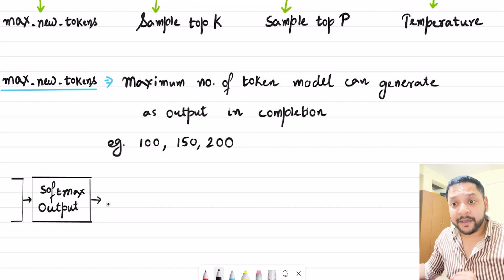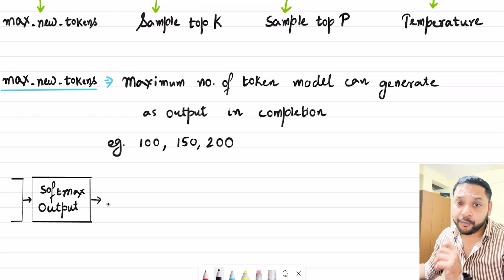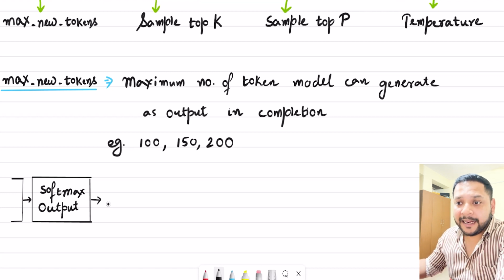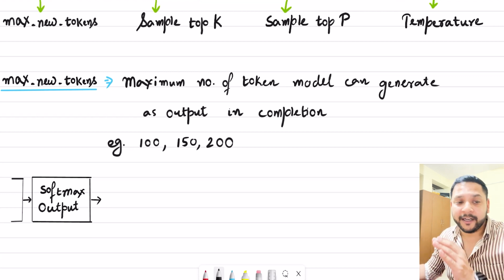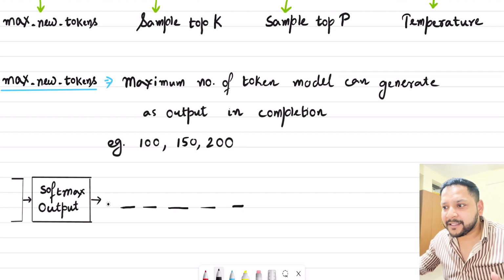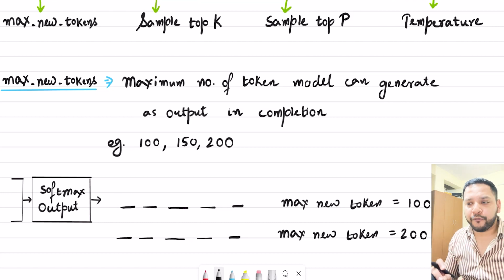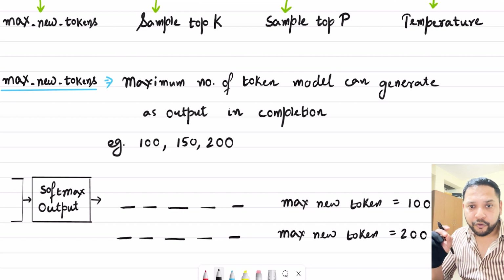When the model is predicting, the output goes through the softmax output layer and then the next word gets predicted. So it can predict a maximum of 100 tokens if max new tokens is 100. Similarly, it can predict a maximum of 200 tokens if the maximum number of tokens is 200.